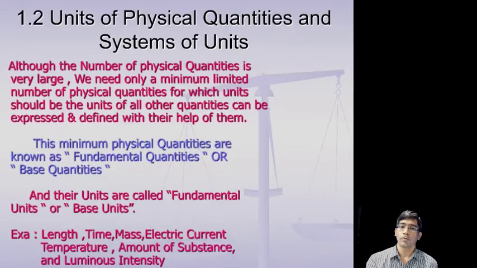Now another point we are taking: the unit of physical quantity and the system of units. Although the number of physical quantities is very large, we need only a minimum limited number of physical quantities, with which the units of all other quantities can be expressed and defined.